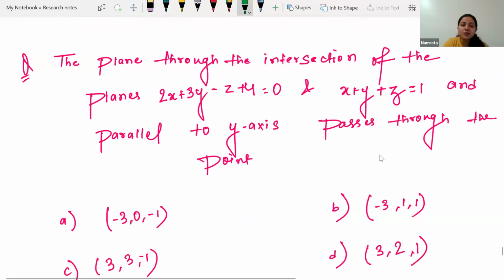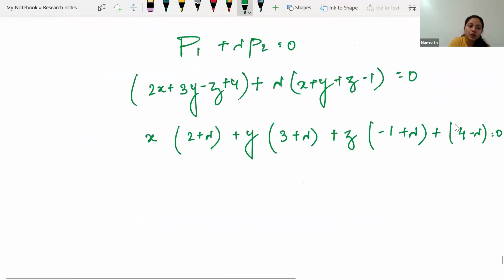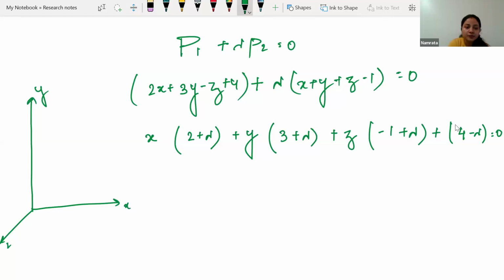So the question says the plane through the intersection of this plane and that plane, parallel to y-axis. Okay. So basically this is how our y-axis looks like. X-axis, y-axis, z-axis. So y-axis is this one.